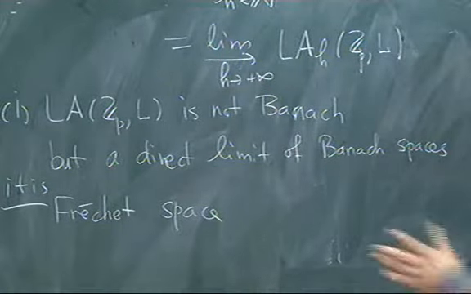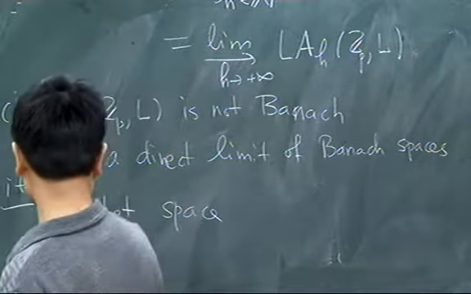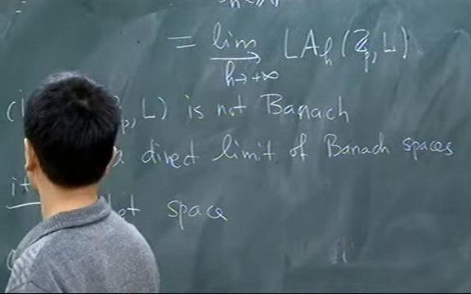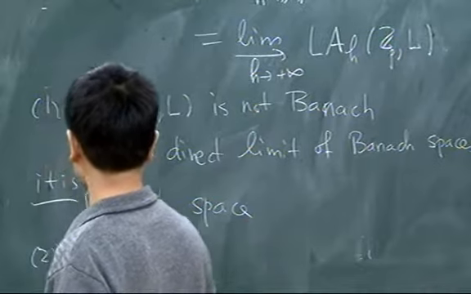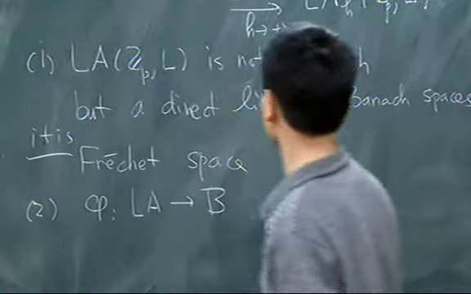And so we need to know what the functions there are. What we can say is phi from LA to B is continuous.